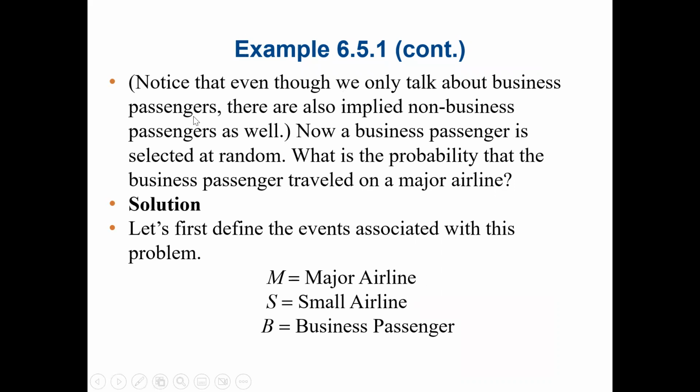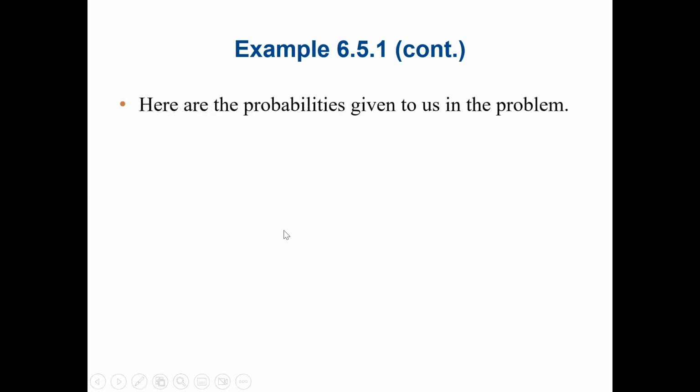Now, we should notice that even though we are only talking about business passengers, there are also non-business passengers. So let's first define the events associated with this problem. We have a major airline as M, a small airline as S, and a business passenger as B. The following probabilities are given to us in the problem.